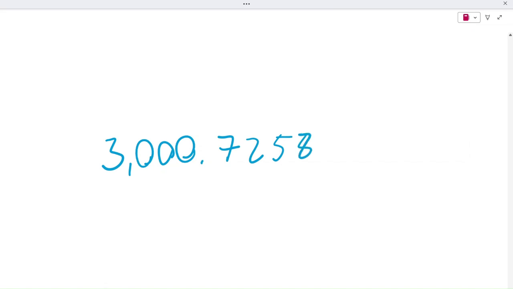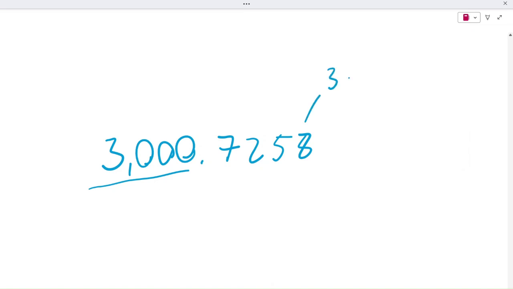Let's try one more. Say we have 3,000.7258. I know the number 3,000 is really big, but it's to the left of the decimal, so we ignore that.